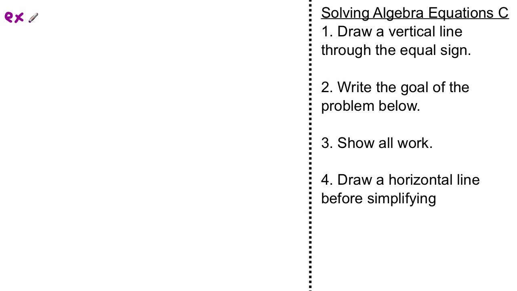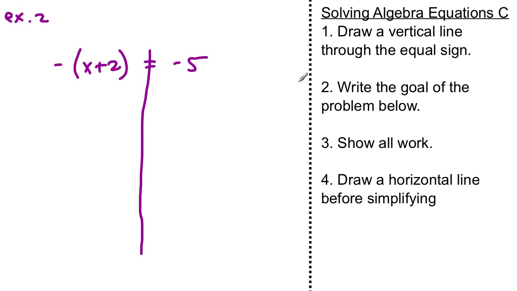Okay, for example 2, the problem is negative x plus 2 is equal to negative 5. Okay, so vertical line. And now on this problem, remember, there is something right here. There's a 1. Right, so when we distribute, we're distributing a negative 1 to both x and to 2.